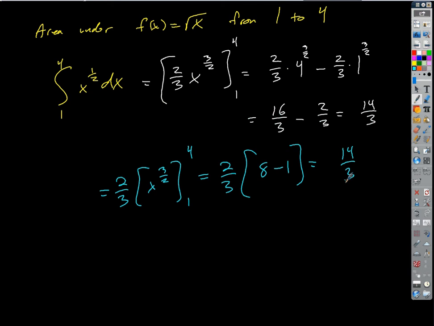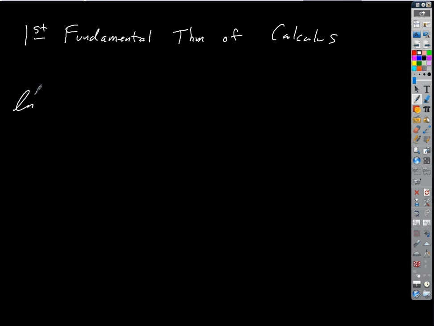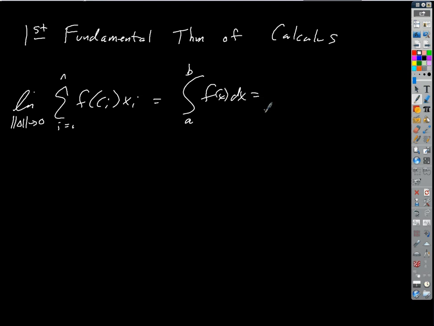Okay? So once again, the anatomy of a definite integral. Our Riemann sum can just be written as the integral from a to b of f of x dx, and it just equals the antiderivative evaluated from a to b.